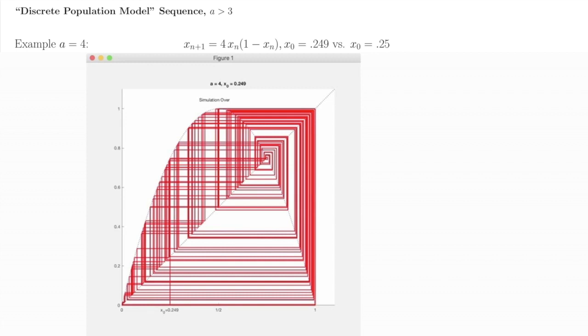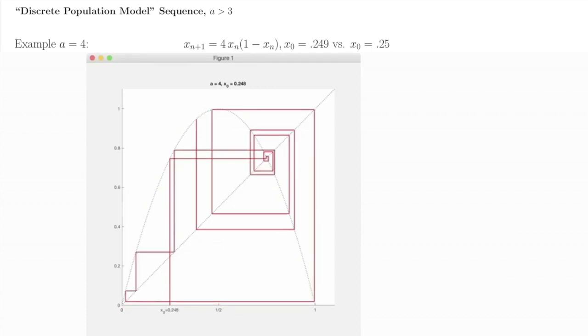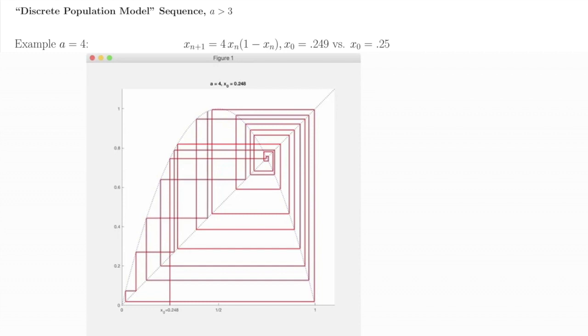Let me adjust this a little bit more to 0.248. You may be able to detect that the behavior looks quite different, but it's a little bit hard to tell when your behavior is so erratic like this. Okay, so I don't know if you can compare this to the previous simulation, but it is behaving differently.